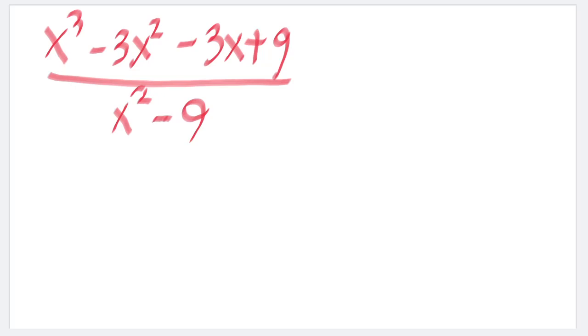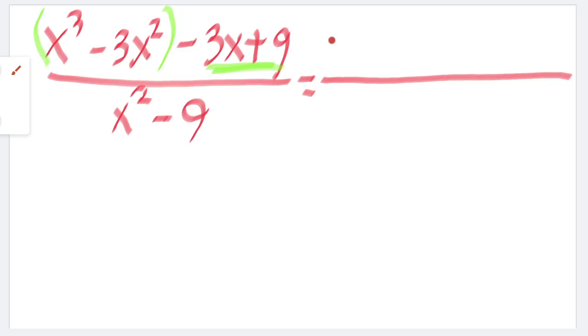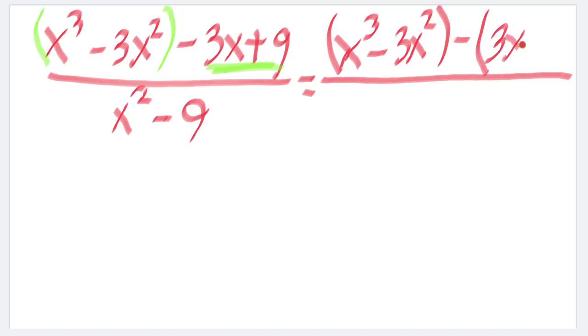Basing from the knowledge you already have on factoring in algebra, my attack here is I'll group this one, and then this one also I'll group, so that it is equal to x cubed minus 3x squared minus 3x, this time it will be minus 9, so that negative times negative will equal the positive value. Okay, next, this is x squared minus 9.